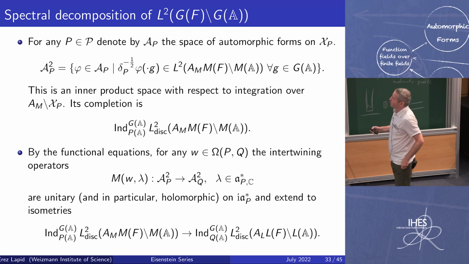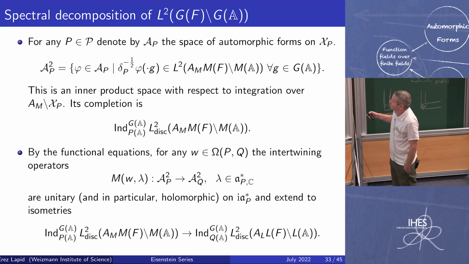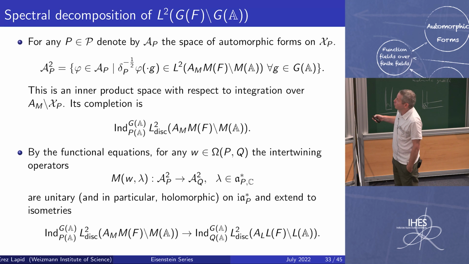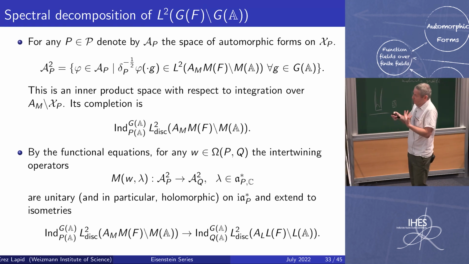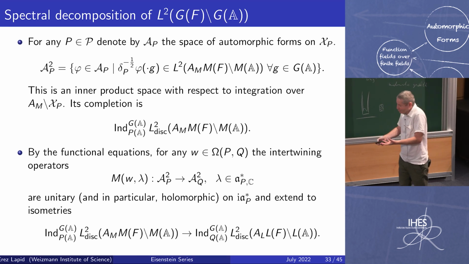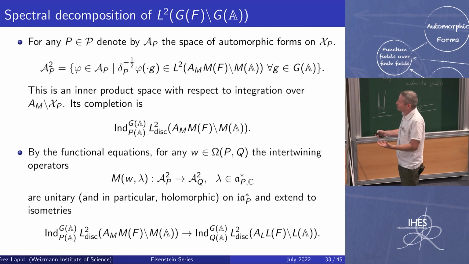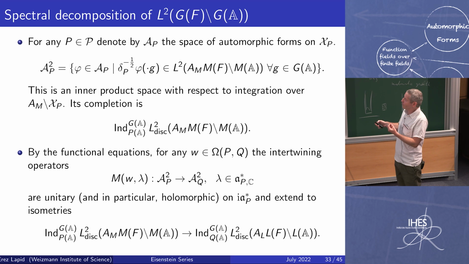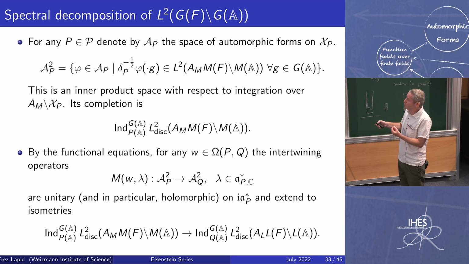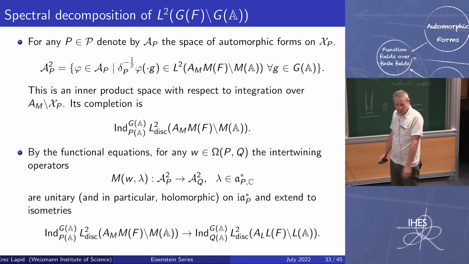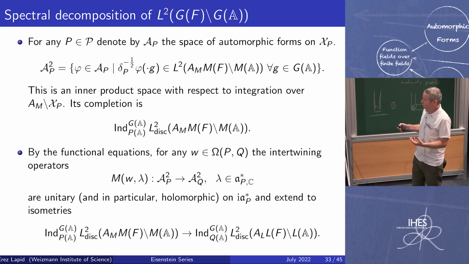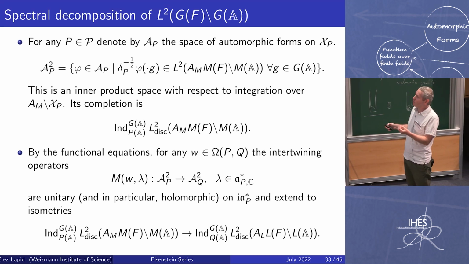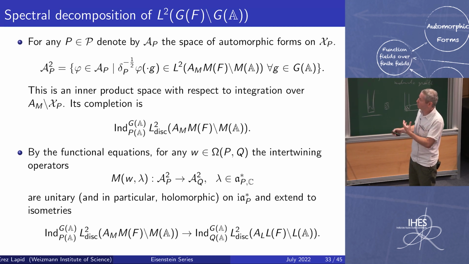So this is one unitary representation of GA, and I have intertwining operators. I'm saying it nonchalantly, but of course this is a deep fact that I have intertwining operators from this AP2 to AQ2, which comes from the theory which I just described before, and because of the functional equation, they are unitary on the unitary lambda.